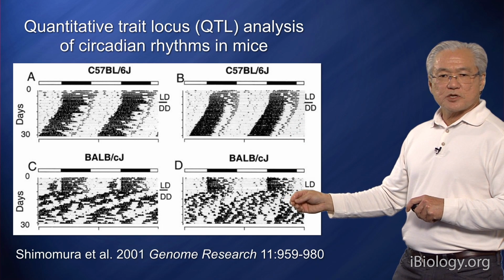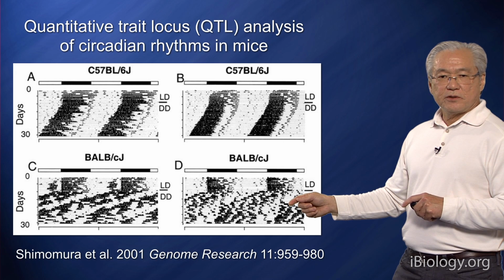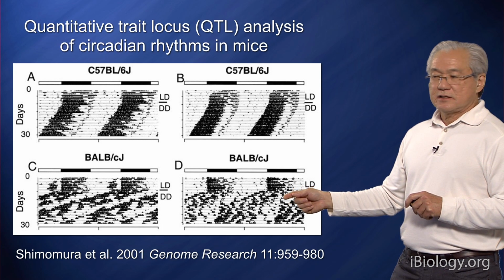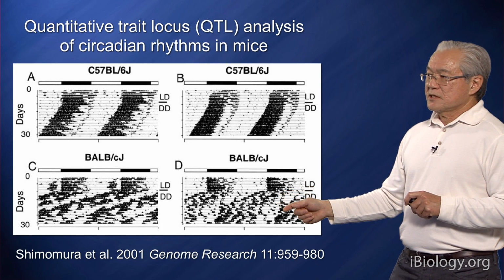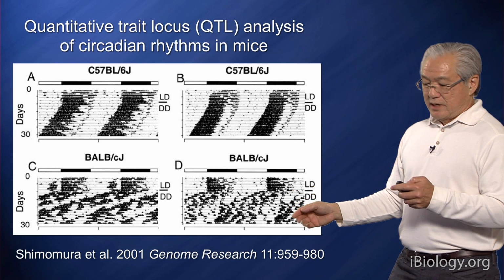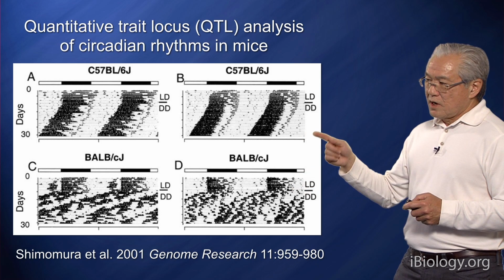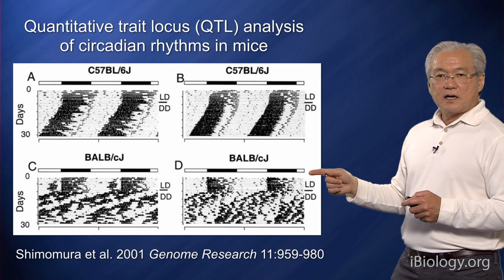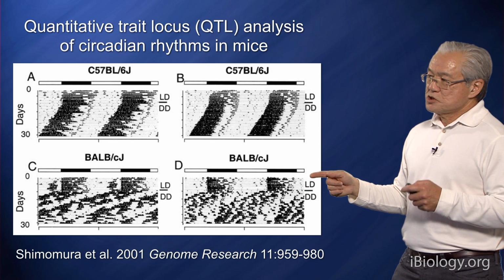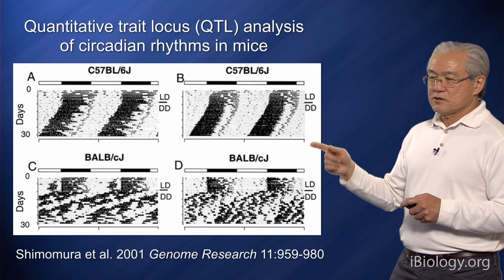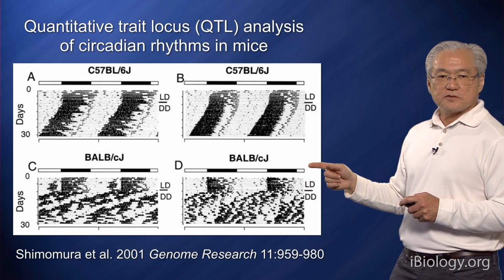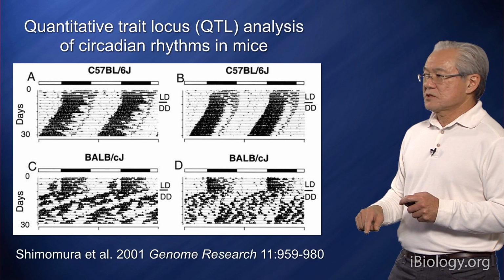The pattern is much more fragmented, the period is shorter, and the rhythm is much less stable. And so using these two strains, we can cross the strains and then look for genetic features that are inherited from these two strains to affect circadian phenotypes.